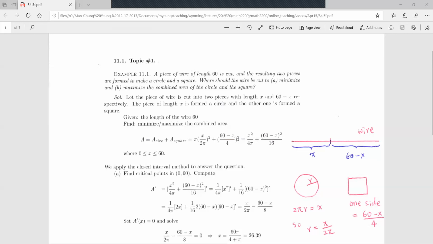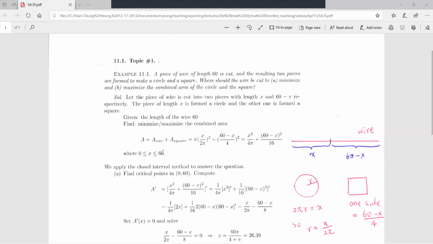x cannot be negative because x here is the length of one piece. It cannot be negative. x cannot be greater than 60 because the length of the whole wire is just 60.